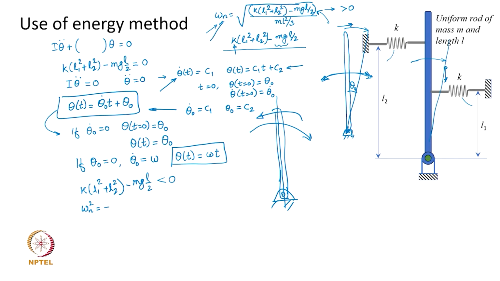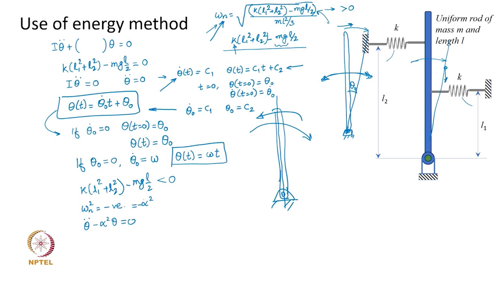You can see that if the numerator is negative, omega n square is going to be a negative quantity. So, I assume this omega n square as, let us say, alpha square. And then I have the expression here as theta double dot minus alpha square theta equal to 0.